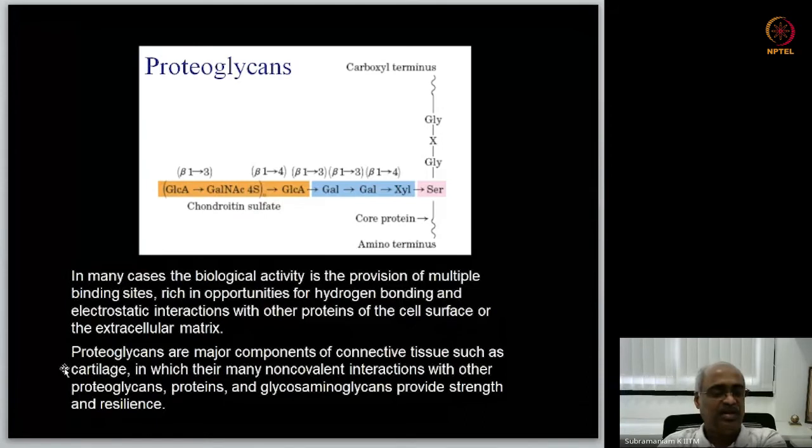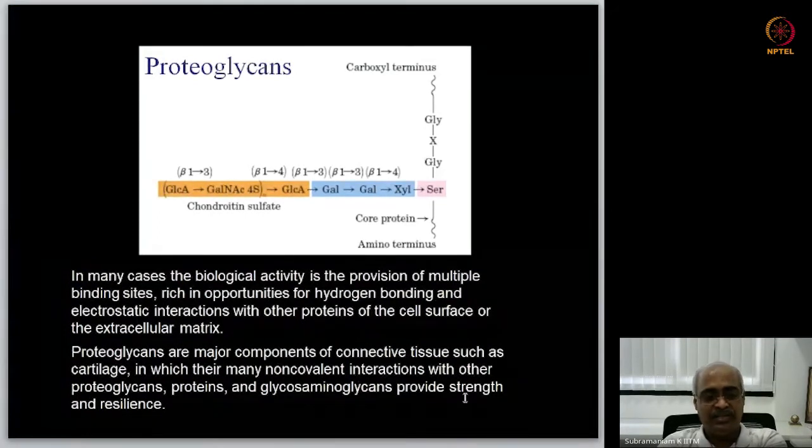Okay. So proteoglycans are major components of connective tissue, such as cartilage. I told you a good example: cartilage, your outer ear, earlobe, the nose as well. So touch and feel your nose, how it feels. In it there are many non-covalent interactions with other proteoglycans and proteins.